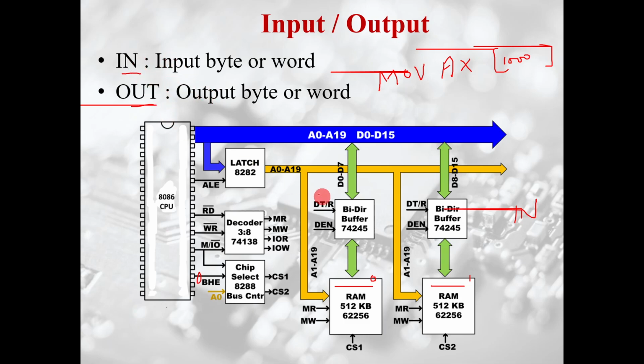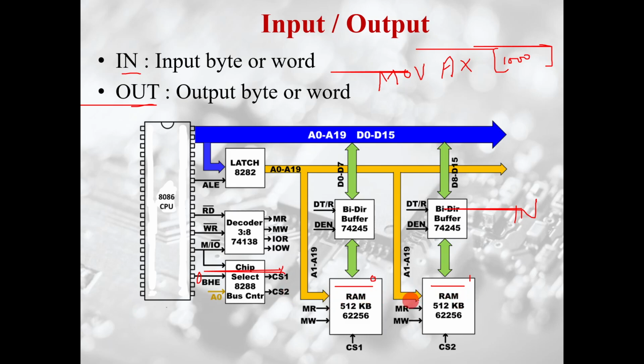So the moment I write in and out, what happens is these chip select signals, because you see here, when I am writing the move instruction, the memory signal will be high. When I am writing in out instructions, that memory signal will be 0, and both these chip select lines will be 0.